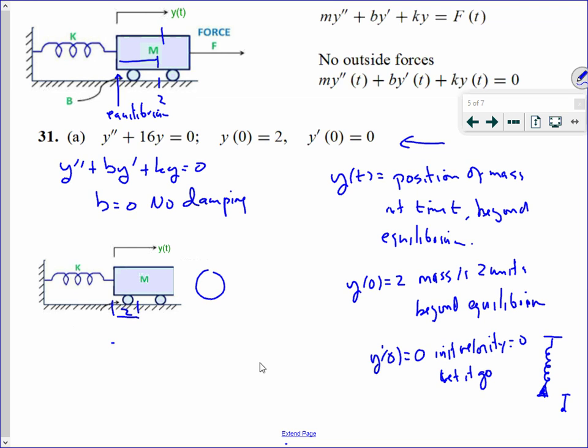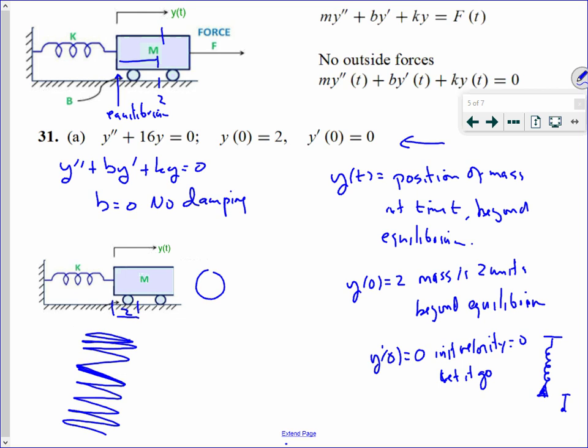Okay, and then, well, of course it's going to go back, but then what's it going to do? There's nothing slowing it down. It's going to go back and forth the same amount every single time. If there was damping on there, it would slow down or it wouldn't go as far.